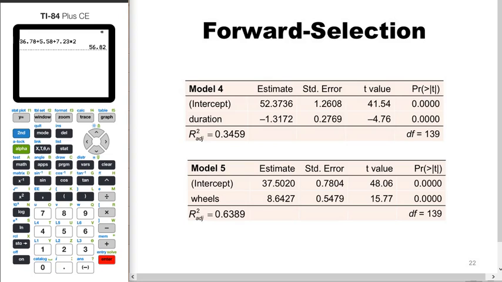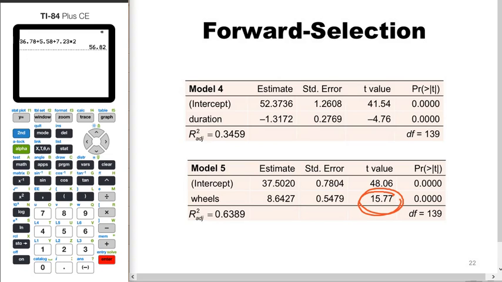Looks like all these variables in and of themselves are important. Three of them had a p-value of about 0. So we want to look at the test statistic as the tiebreaker. And of the 4, it looks like wheels had the largest test statistic, the one farthest away from 0.